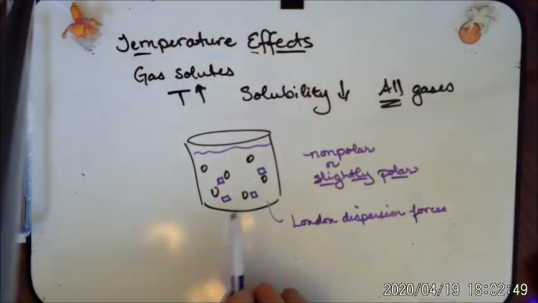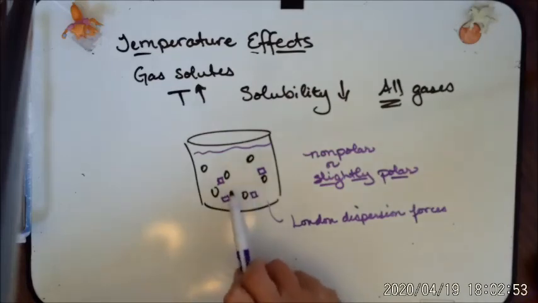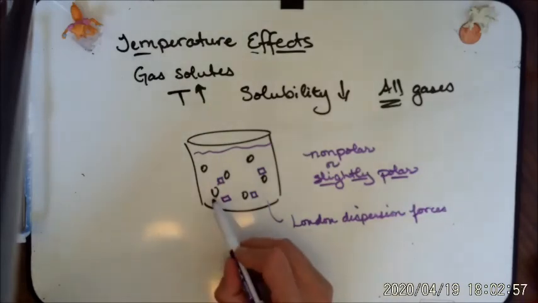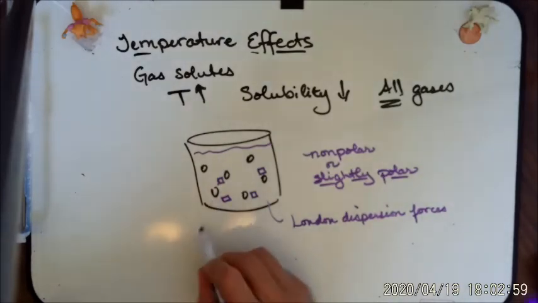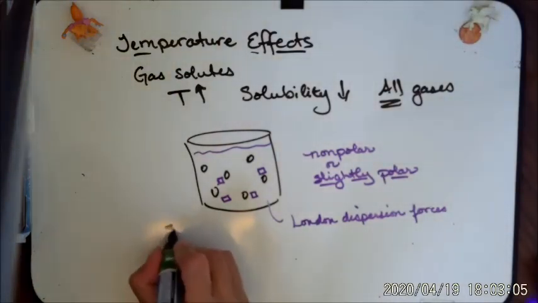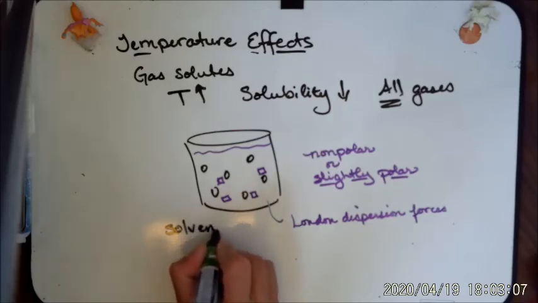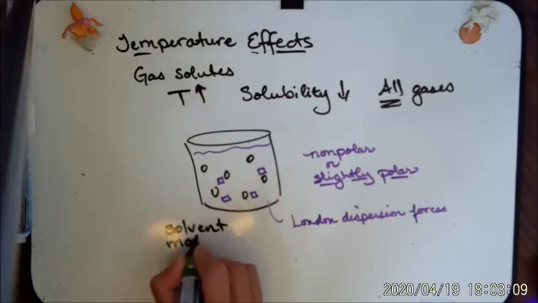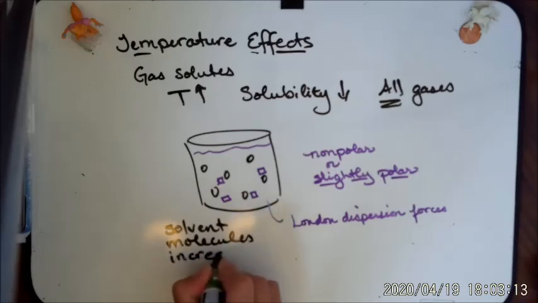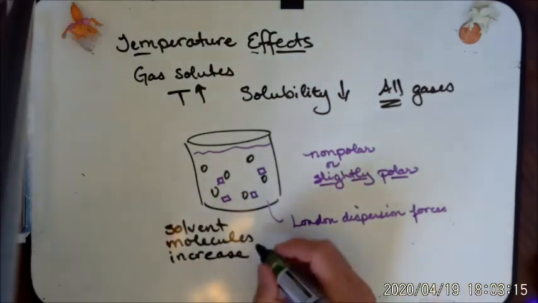But what's more interesting is this. When you have your solution and your gases are interspersed in there, as I increase the temperature, what happens to my solvent molecules? My solvent molecules start moving more rapidly, so they increase their motion.